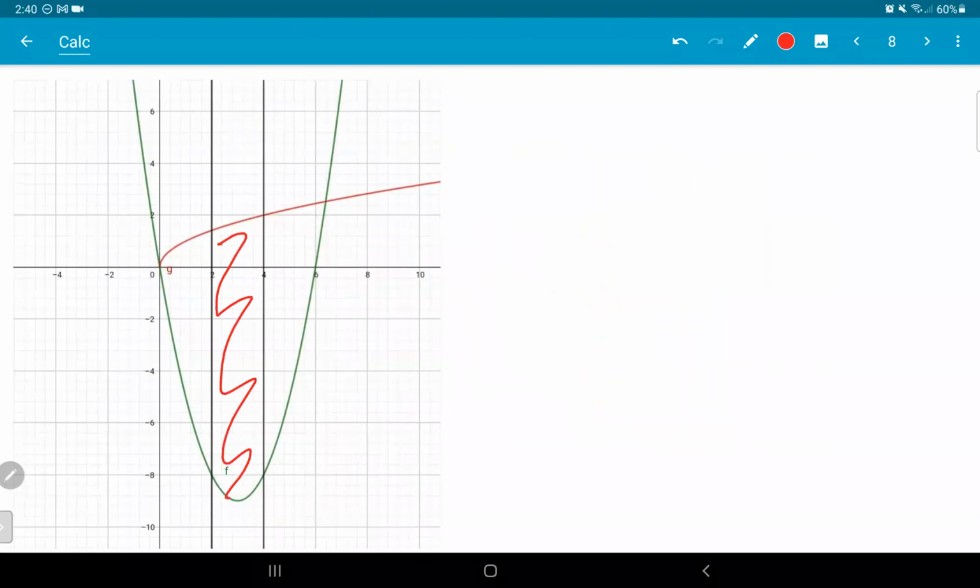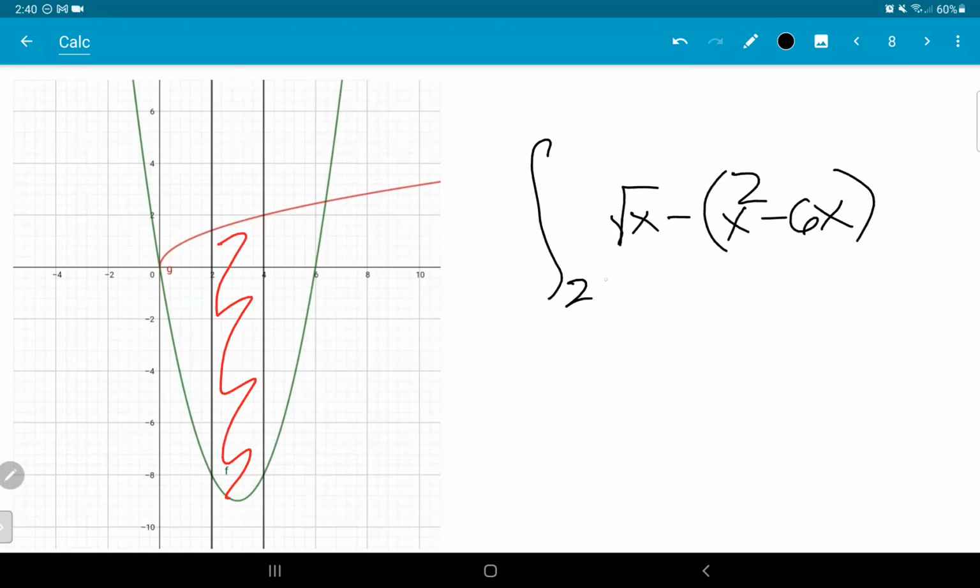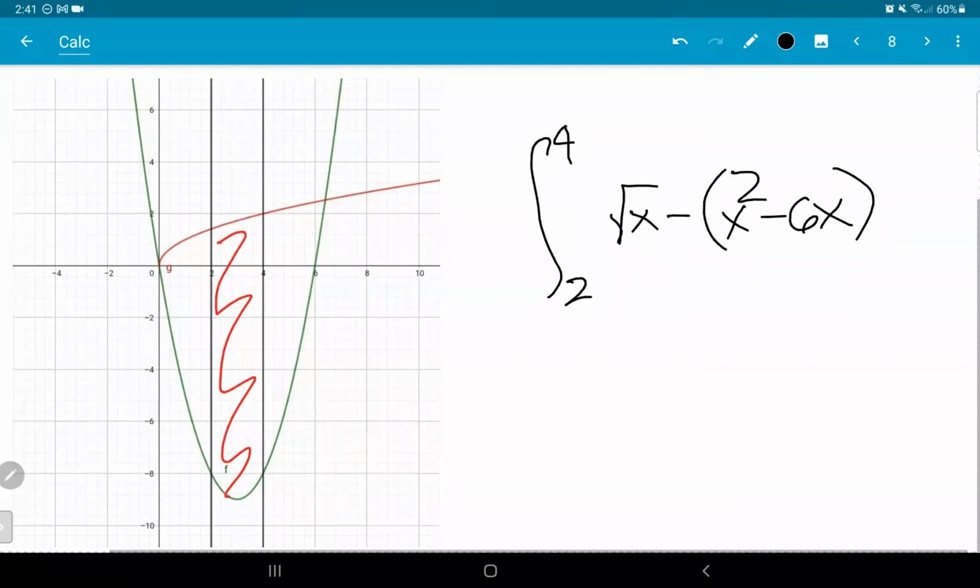So it's just the higher curve minus the lower curve. Limits 2 to 4. Then just evaluate the integral.